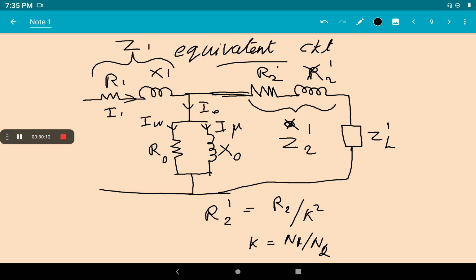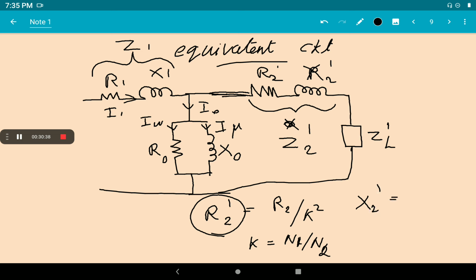N1 by N2, the transformation ratio, we just divide by it squared. So you will get R2 dash, the equivalent primary resistance. So the secondary resistance R2 is represented as R2 dash, which is obtained by R2 by K square. അതേപോലെ തന്നെയാണ് X2 dash കണ്ടുപിടിക്കുക.